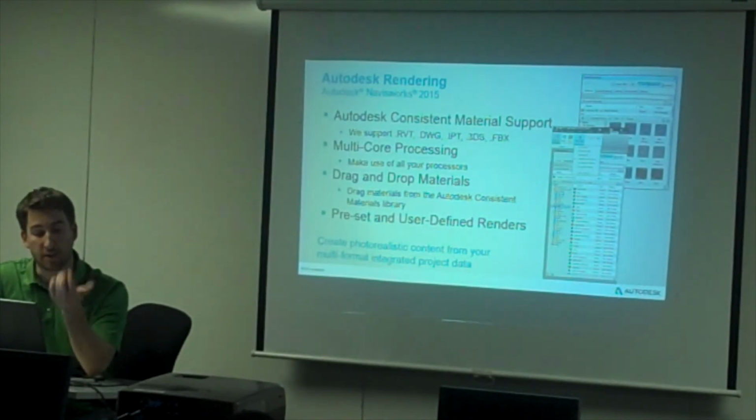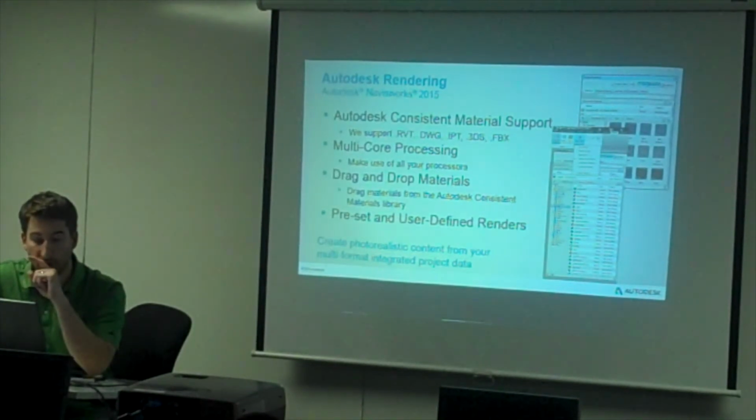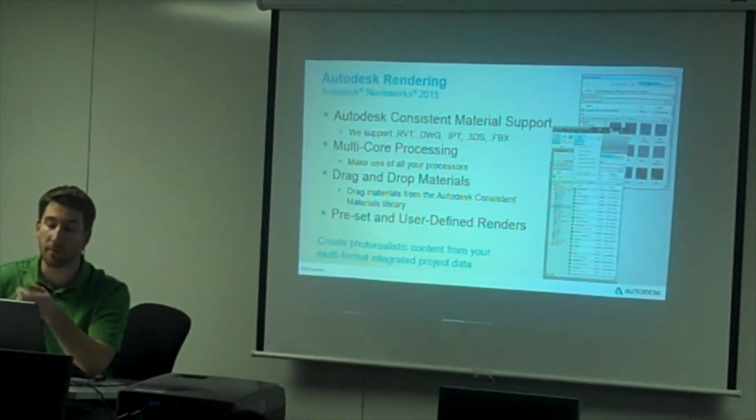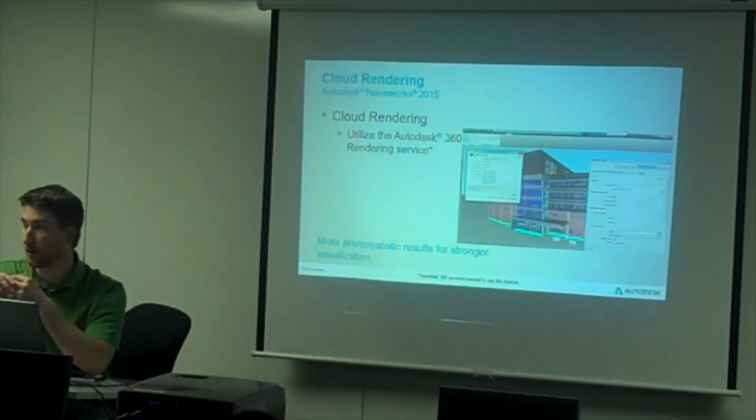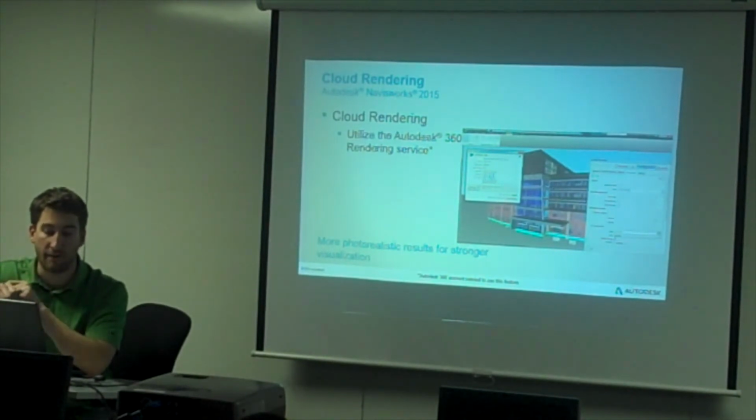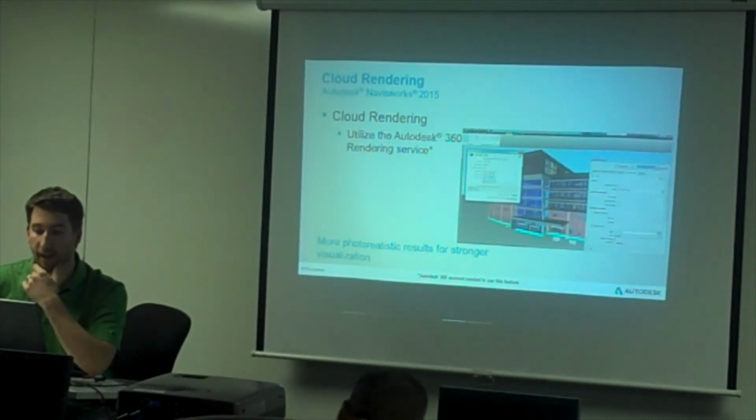And then we're taking advantage of all your processors when we're doing some operations inside of Navisworks, which allows you to set up more photorealistic information as you're showing people around the project. Also the ability to cloud render, so to take the Autodesk 360 service that already works in CAD and Revit, and extend that into Navisworks, just to give you better visualizations, more control, things like that.